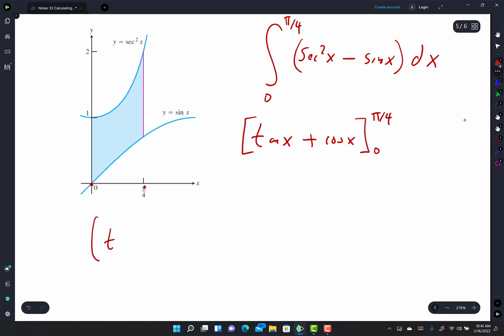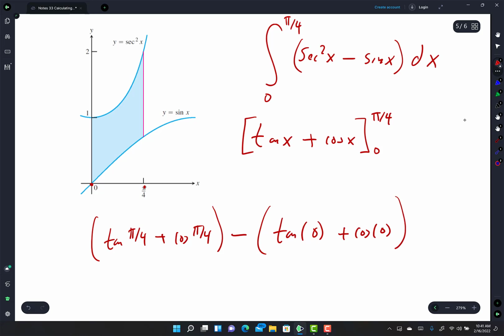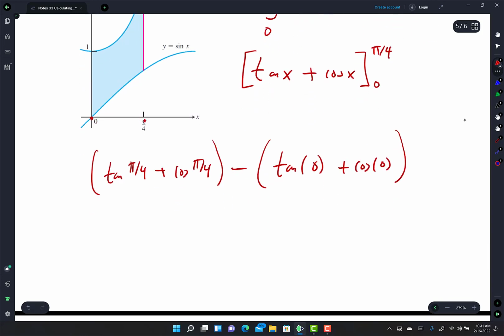Here it is. Upper: tan of π/4, unit circle doesn't go away, plus cosine of π/4. They're being kind of nice to us, I guess. Minus tan of 0 plus cosine of 0. Some of you guys, if you go too fast, you might mess up with cosine of 0. What is tan of π/4? 1.